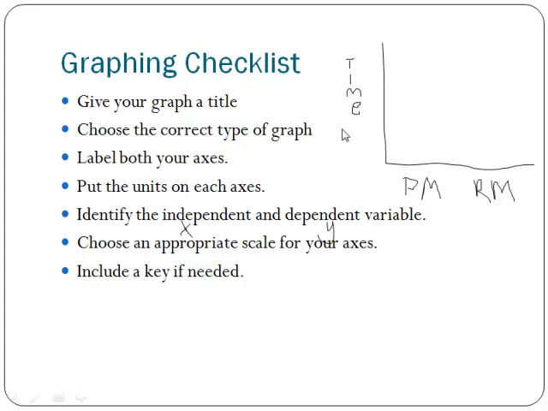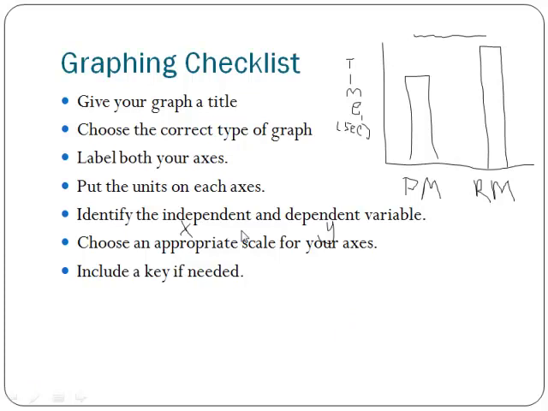And we got to make sure we put our units, and we measured in seconds. And then our title would go across the top up here, and then we would put in our bars because we're comparing two types of M&Ms.